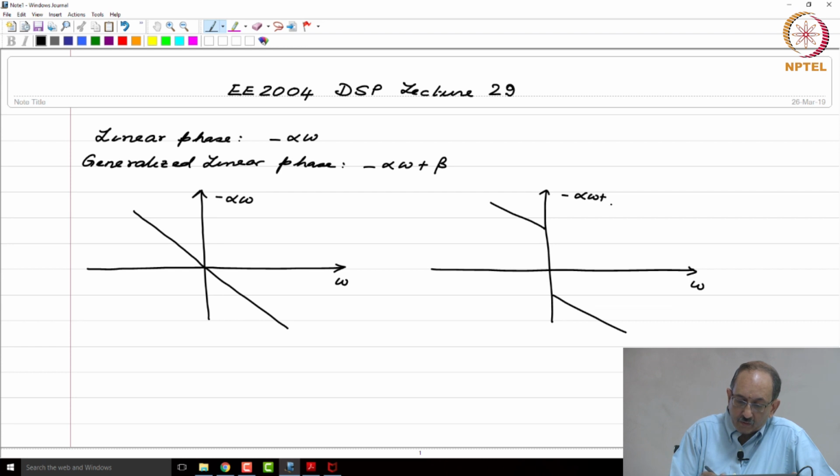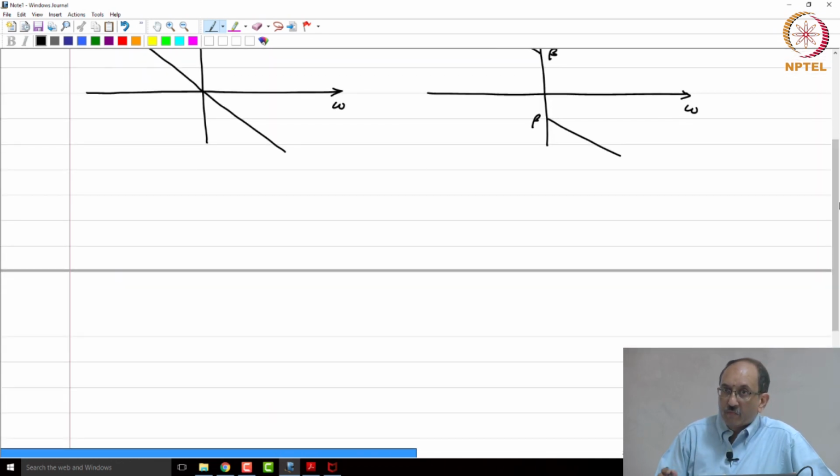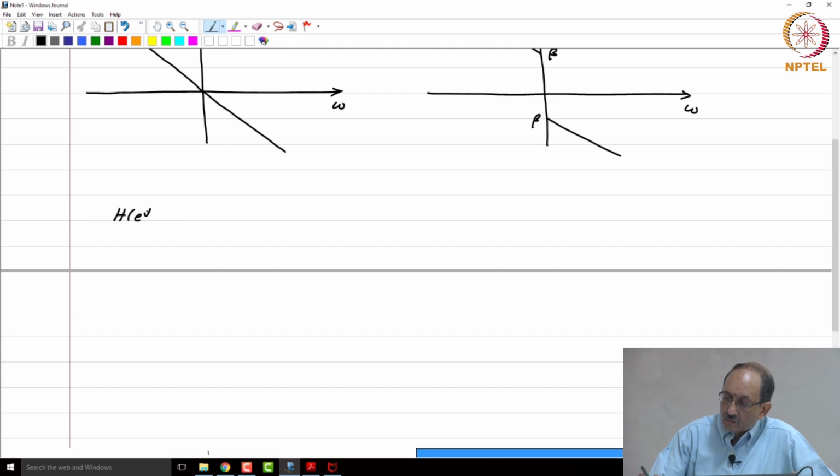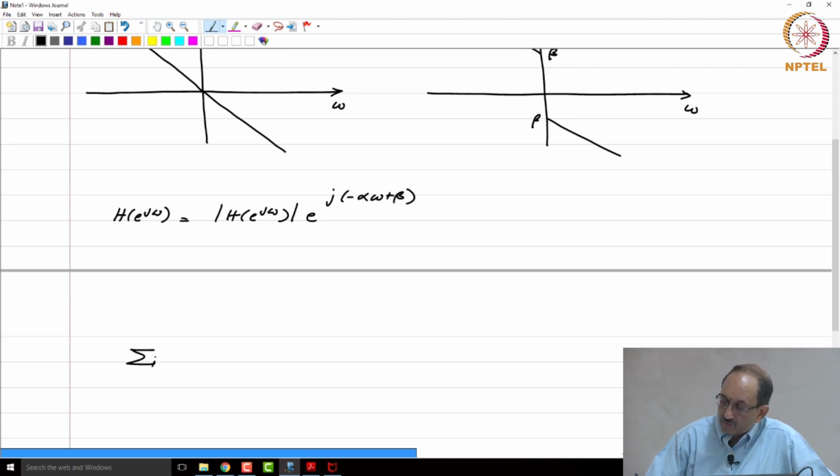So, this is minus alpha omega plus beta, and then we saw that by imposing this linear phase on the frequency response, we forced the frequency response to have this value, and then this in turn gave rise to this condition, that is sum over all n, h of n, sin of minus alpha plus n omega plus beta equal to 0.